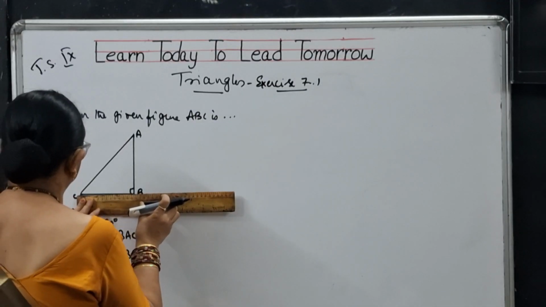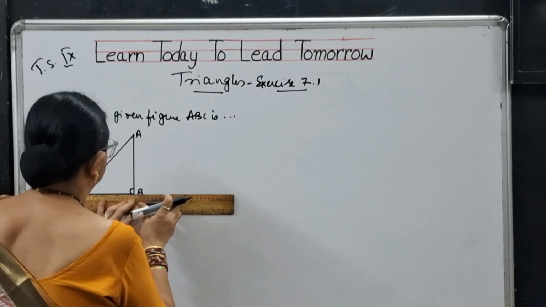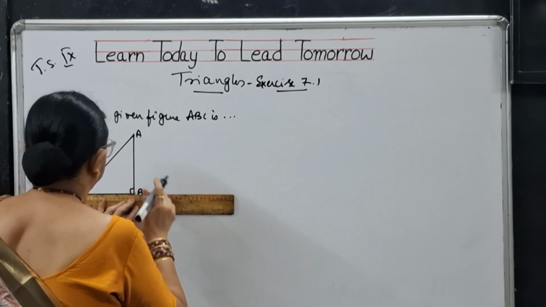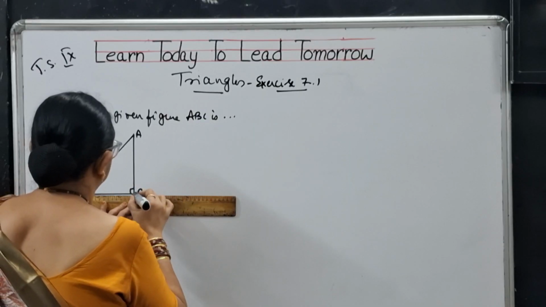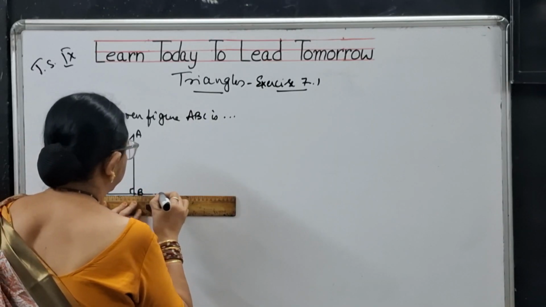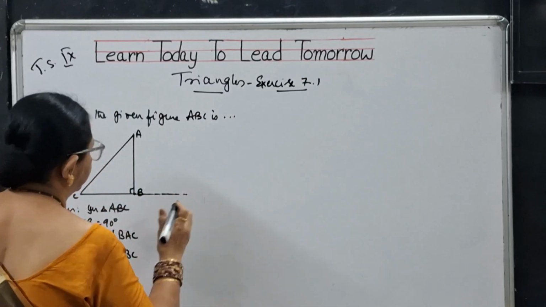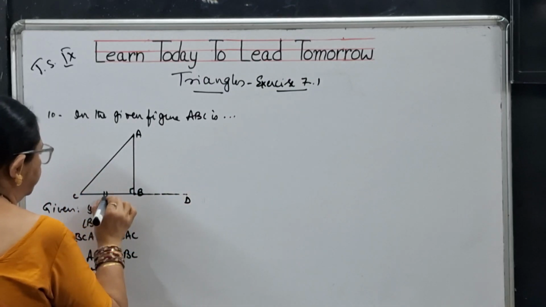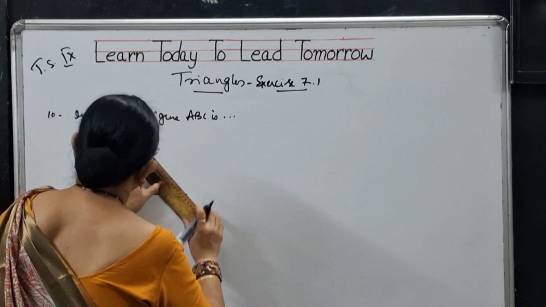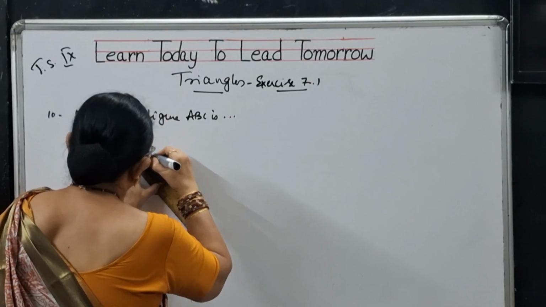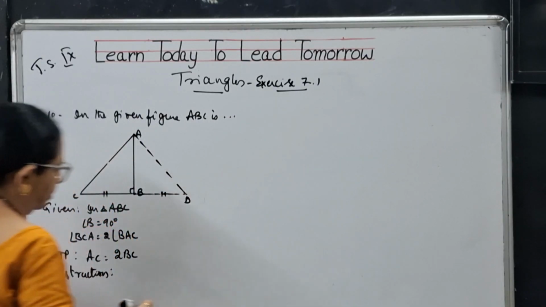So you need to produce CB to D. So let me consider this as D such that CB is equal to BD, and you have to join A and D. Always construction should be done in broken lines, children.